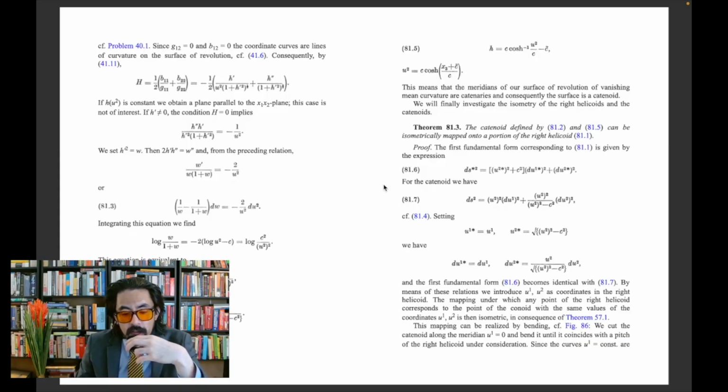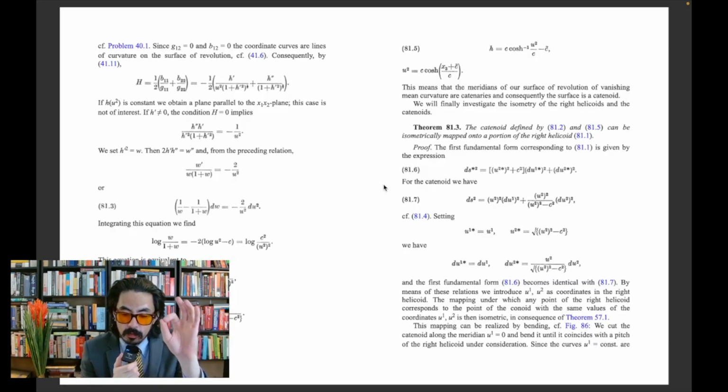The mapping under which any point of the right helicoid corresponds to the point of the conoid with the same values of the coordinates u1 and u2 is then isometric in consequence of Theorem 57.1, which, as a reminder, was that an allowable mapping of a portion capital S of a surface onto a portion capital S star of a surface is isometric if and only if at corresponding points of S and S star, when referred to the same coordinate systems on S and S star, and within this theorem it says refer back to section 56, which is the preliminaries section of the mappings chapter 6, the coefficients of the first fundamental forms on these portions S and S star are the same, namely G sub alpha beta equals G star sub alpha beta for alpha equals 1 and 2 and beta equals 1 and 2.